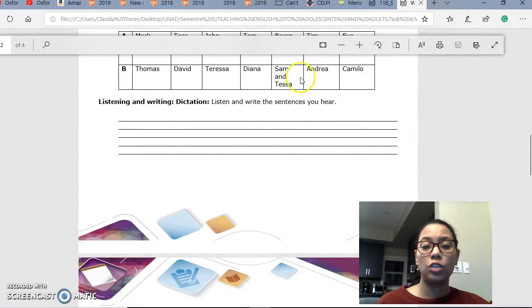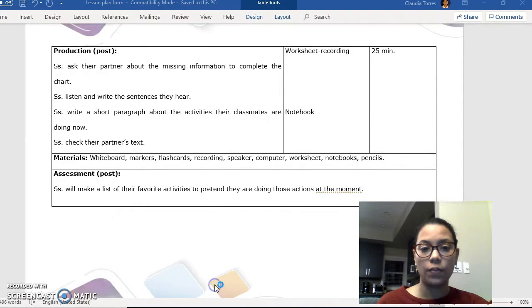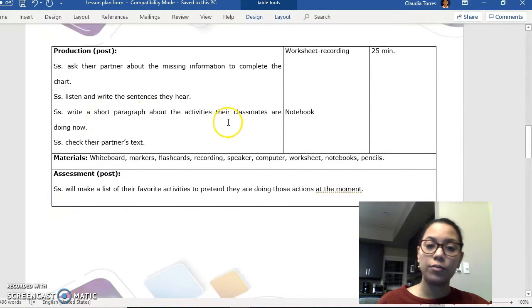So after that, they had to listen and write. So they had a dictation task. According to the listening, they had to write the sentences that they were listening. Okay. And then they had to write a short paragraph after that, but this is in the notebook.